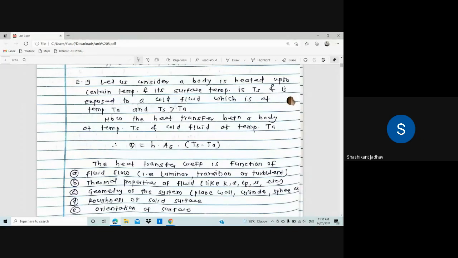There are different types of flow. Is there laminar, turbulent, transition? Okay. First is fluid flow in bracket laminar, transition or turbulent.